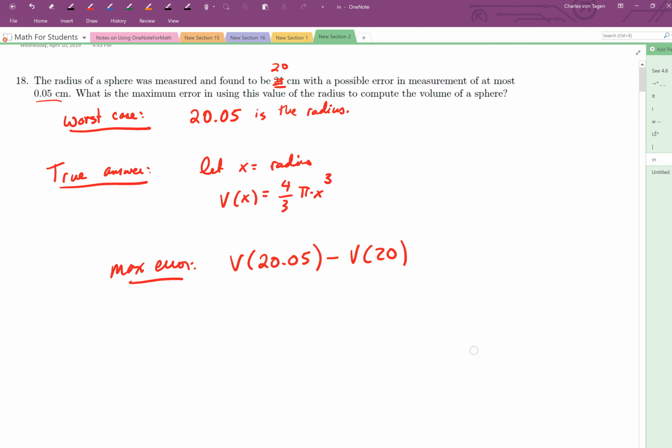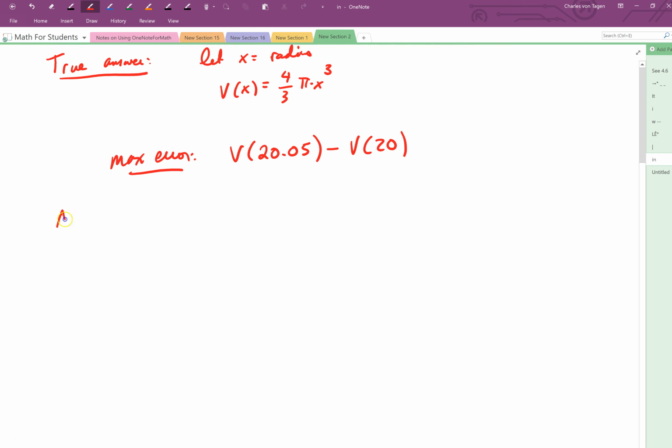So instead of getting the true answer, we're going to get an approximate answer. In terms of the notation we used before, this right here would be our delta y. Actually, I should be true to the story problem, and this would be our delta V. The max change in the volume would be the difference between these two.